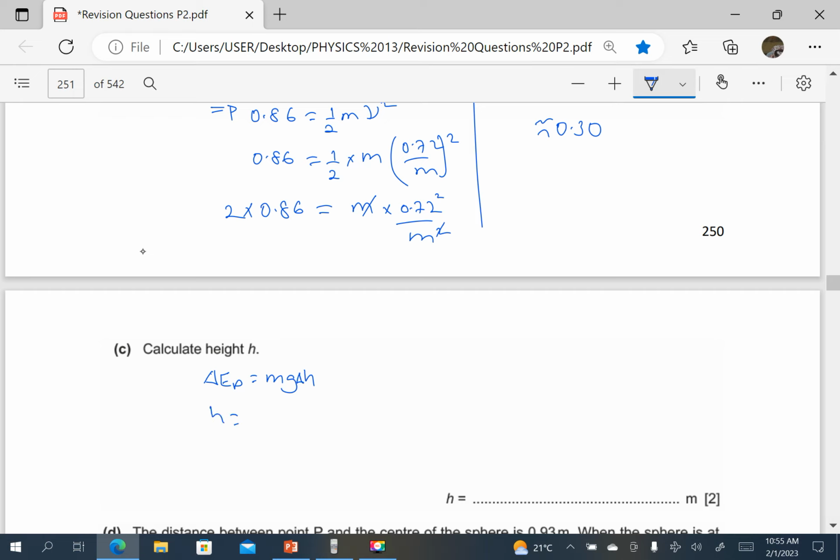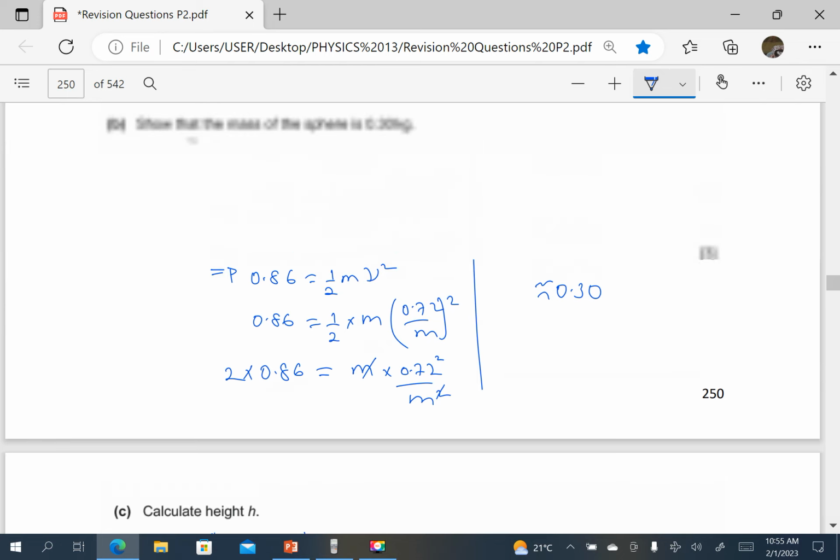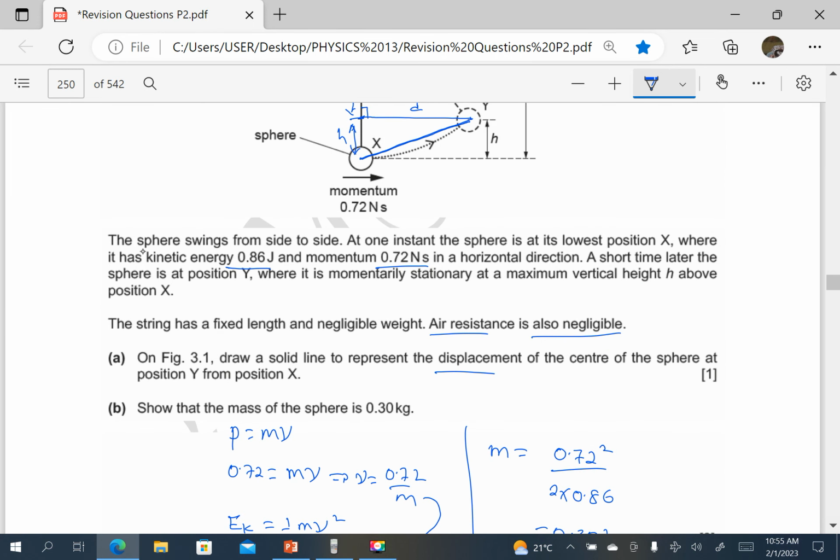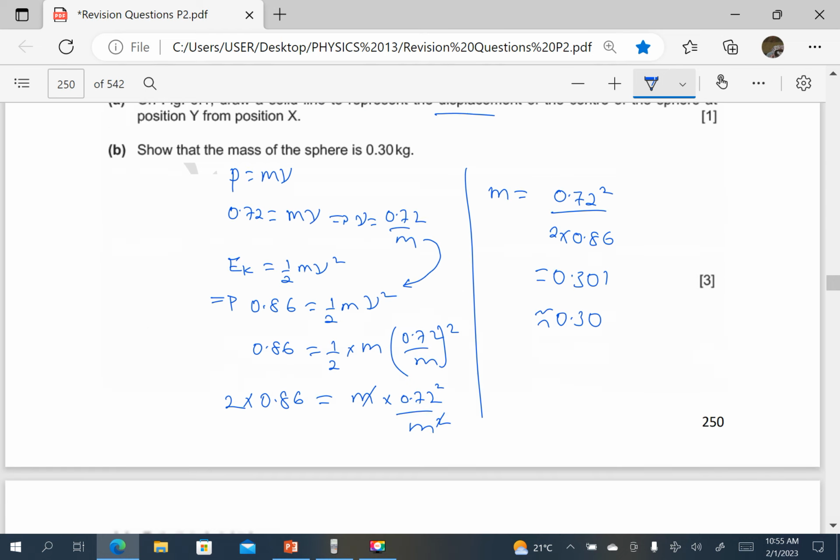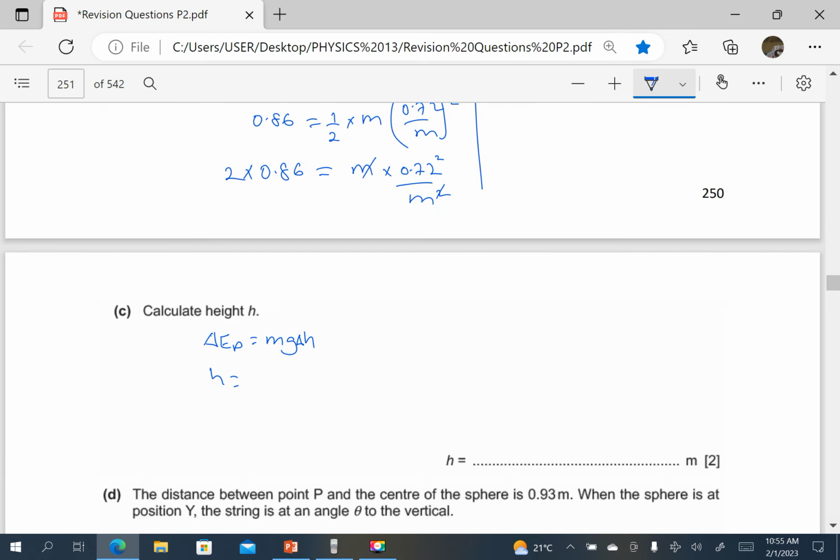So h is going to come from the potential energy. Remember, air resistance was negligible, so we can assume that all the kinetic energy has become potential energy at point Y. Therefore, h is 0.86 divided by 0.30 times 9.81.